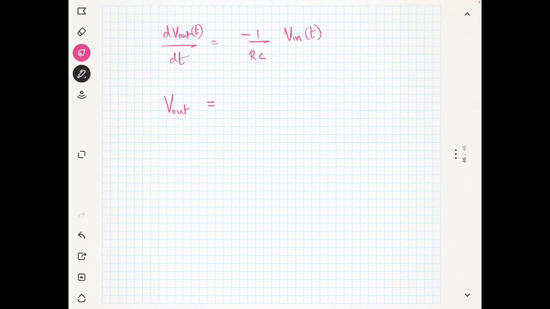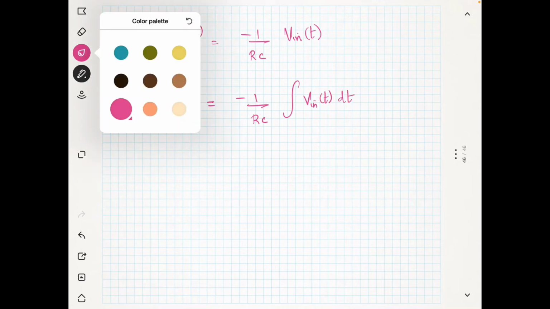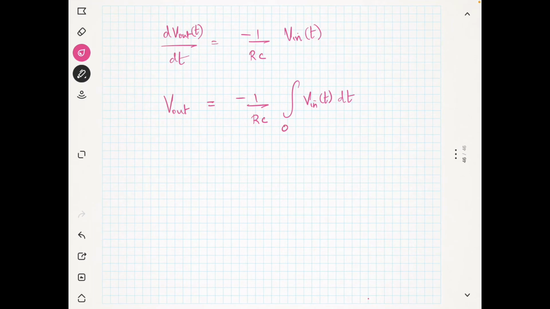My output will be nothing but V out is equal to minus 1 by RC into integral of V in of t into dt. So from which limit? Whatever the points I am considering, up to that point I have to integrate, so 0 to t.